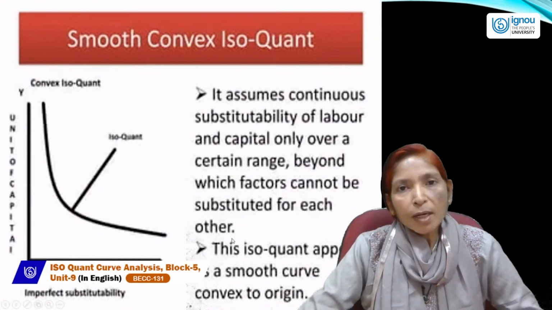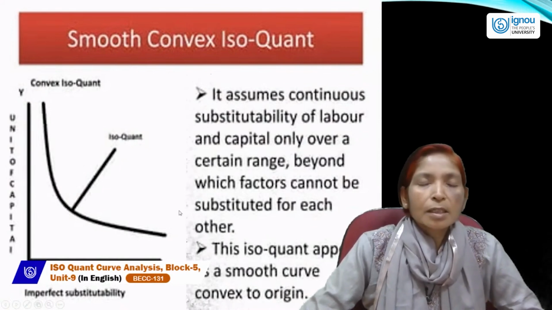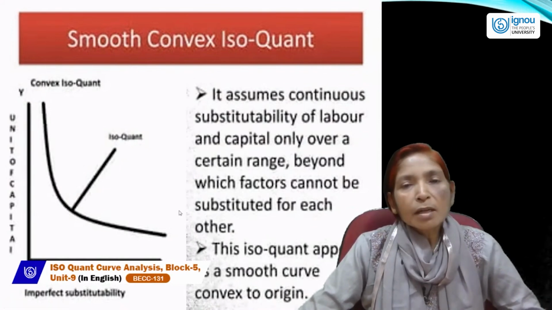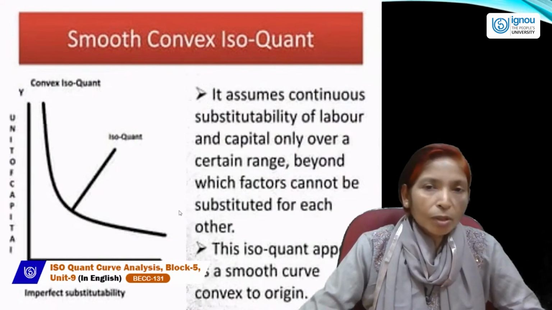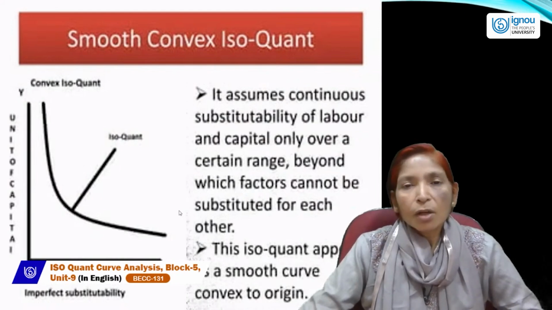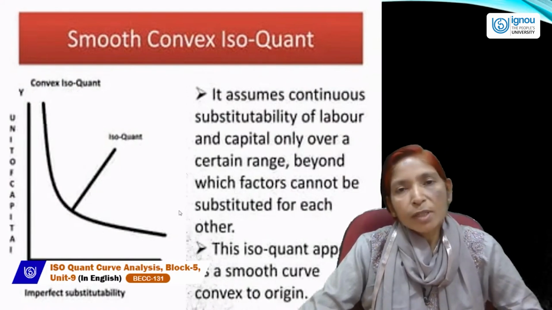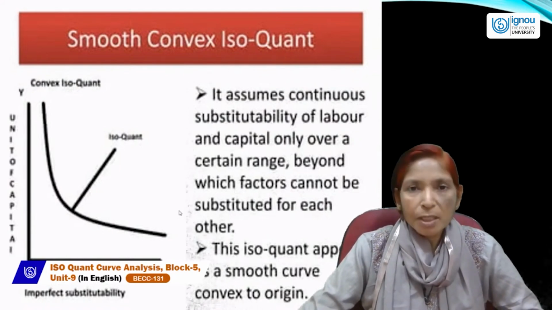So this isoquant appears as a smooth curve convex to the origin. And generally, isoquant curve is always convex to the origin from left to right, or a downward sloping curve, because factors of production are not perfectly substitutable. As we increase the units of labor, we have to sacrifice the units of capital.